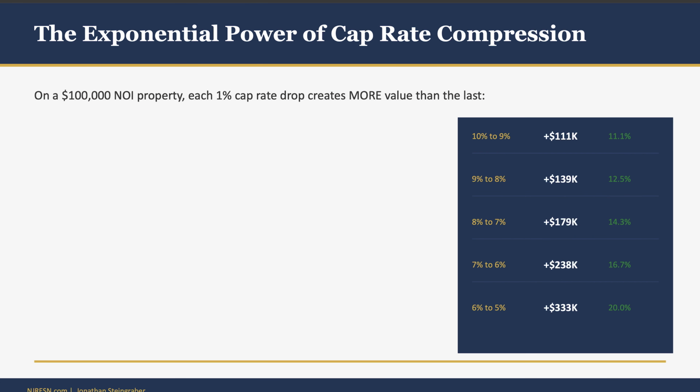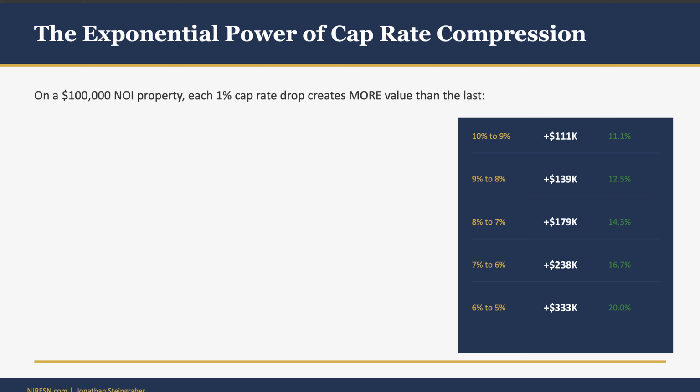On a $100,000 NOI property, each 1% cap rate drop creates more value than the last. What does this mean? If I drop a cap rate from 10 to 9, I add $111,000 to a building on $100,000 in net operating income, which is not a lot of money. $100,000 in net income, right? 111 grand by dropping it from 10 to 9. From 9 to 8, look, it's $139,000.